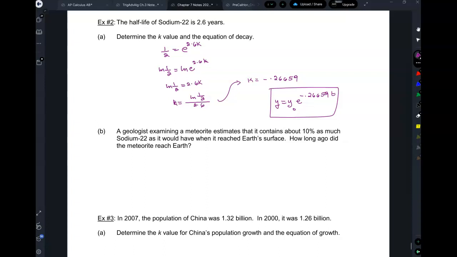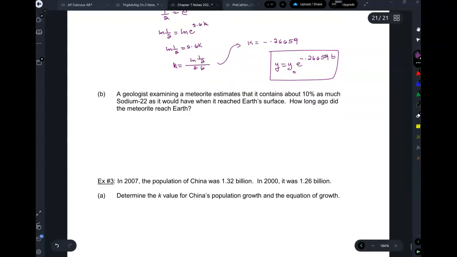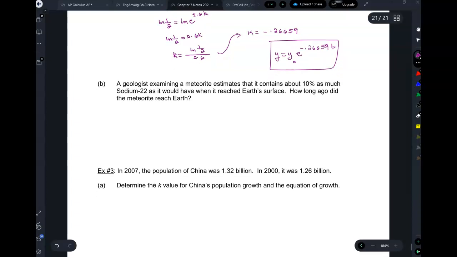Okay? All right. So a geologist is examining a meteorite and they estimate that it contains about 10% as much sodium-22 as it would have when it reached the Earth's surface. How long ago did the meteorite reach Earth? Okay, so the equation y equals y naught e to the kt.